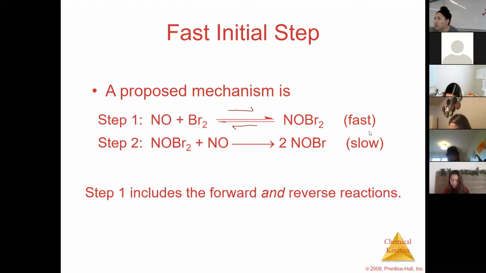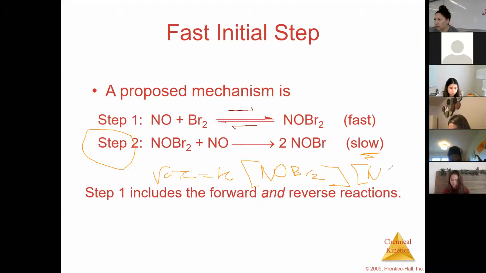So this one, we're going to go off our slowest step. So that's this one. Let's write our rate law based off of that. Rate equals k times [NOBr2] times [NO]. Well, wait a second. NOBr2, that's an intermediate.